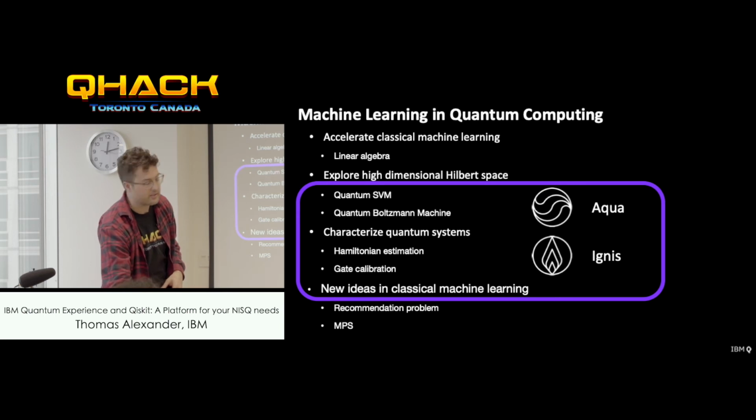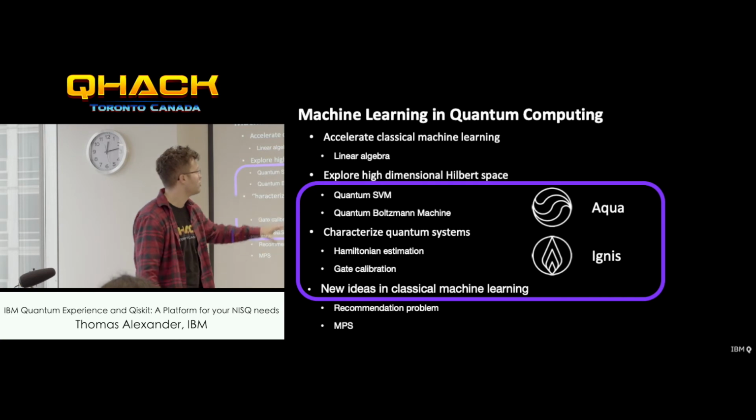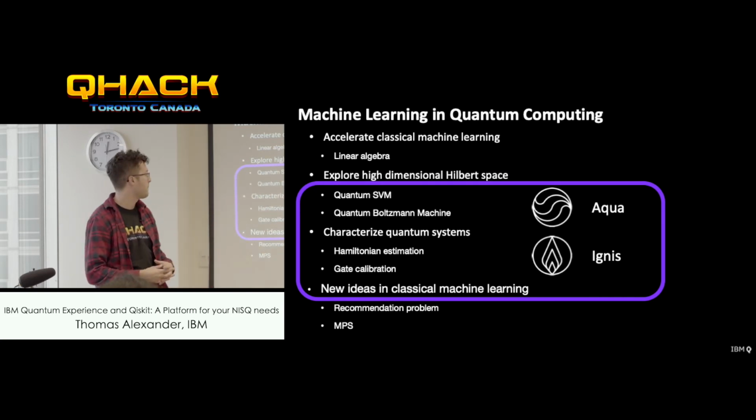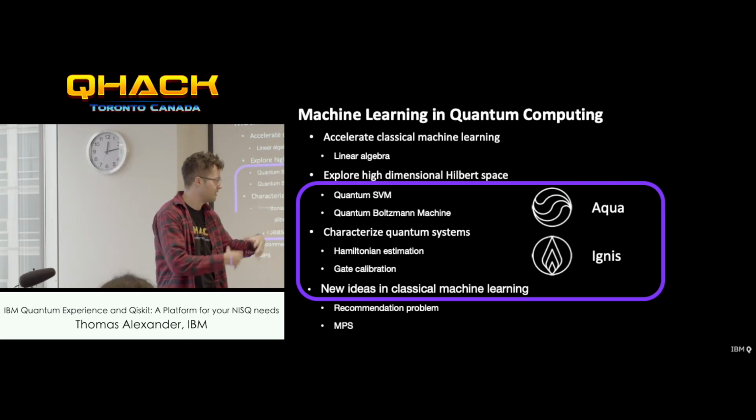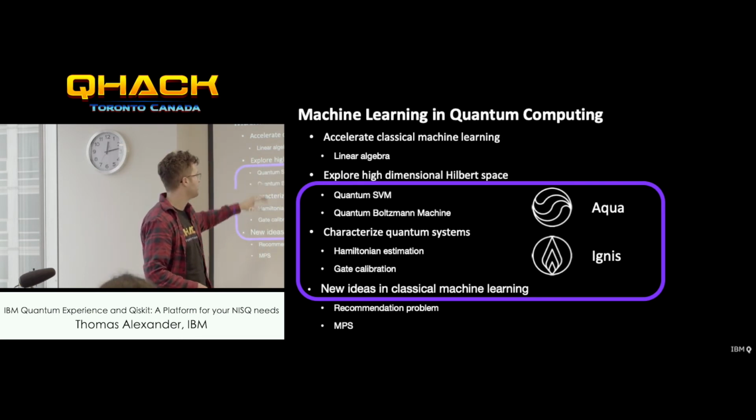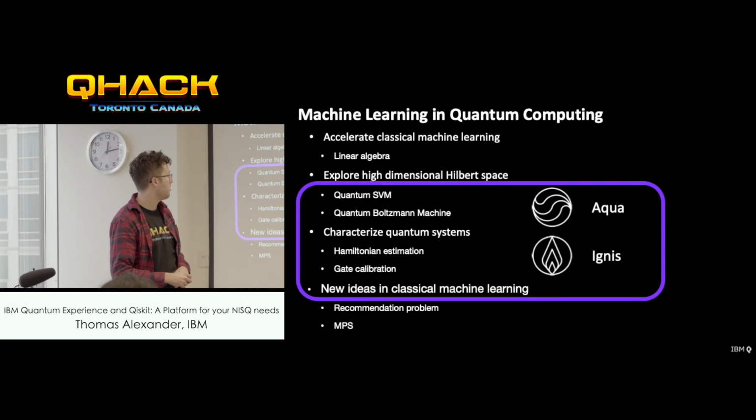Within Qiskit, we tend to focus on these two: exploring the high-dimensional Hilbert spaces and characterizing our quantum systems. We have two separate components that look at these two areas. Aqua is the applications framework, so it will implement these SVM and Boltzmann type applications.